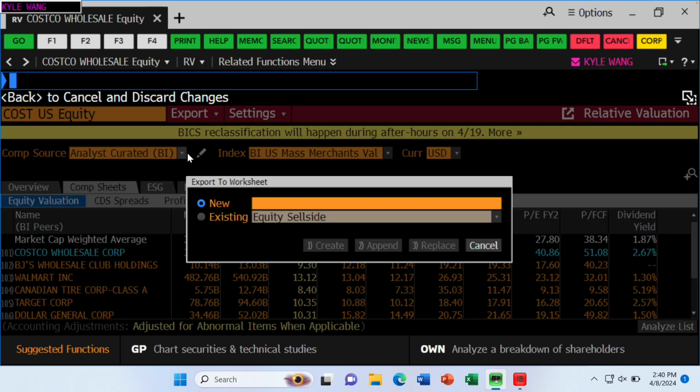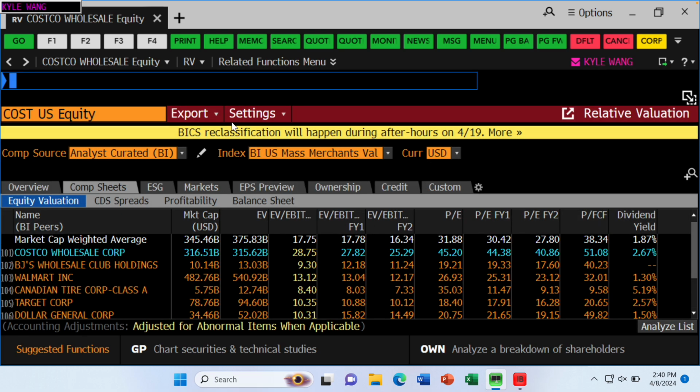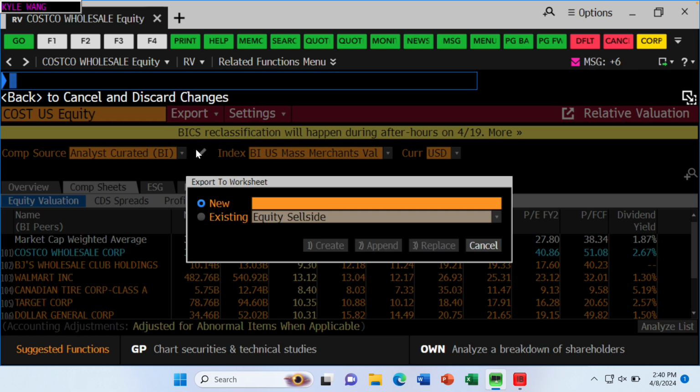Now, for whatever reason, when we do this, export worksheet. What am I going to call this? I'll just call this comps.